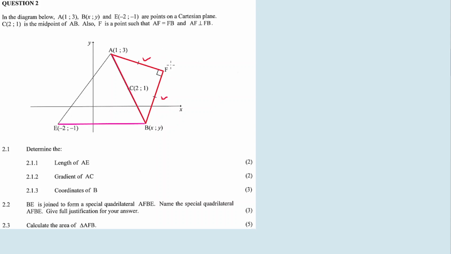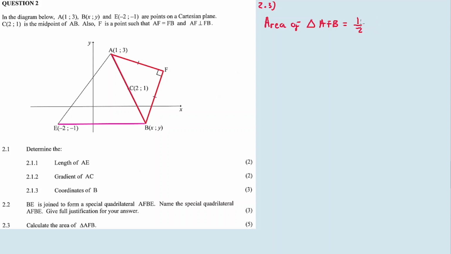But since the coordinates of F are unknown, we cannot take that route for calculating the area. I say the area of triangle AFB is calculated as follows.